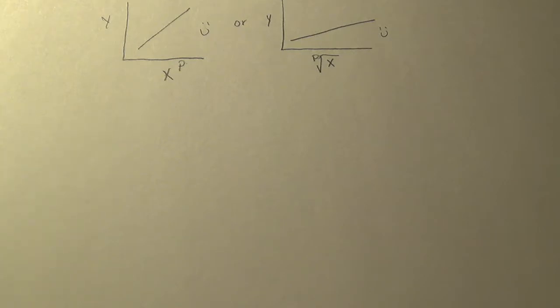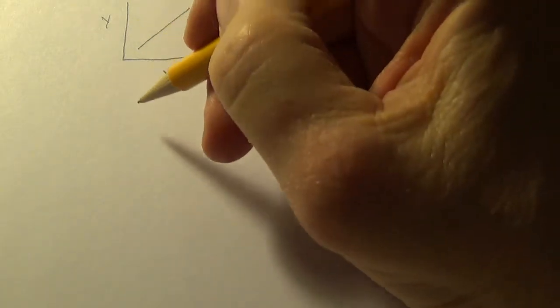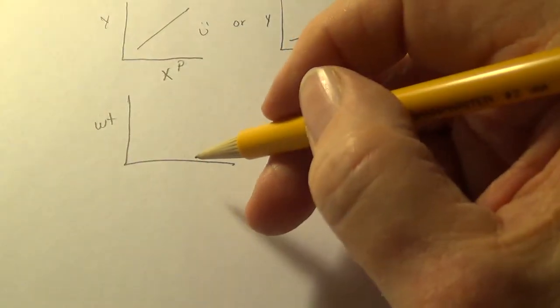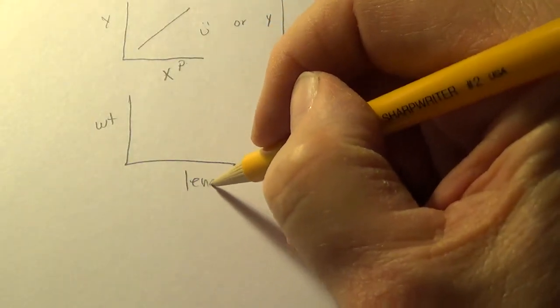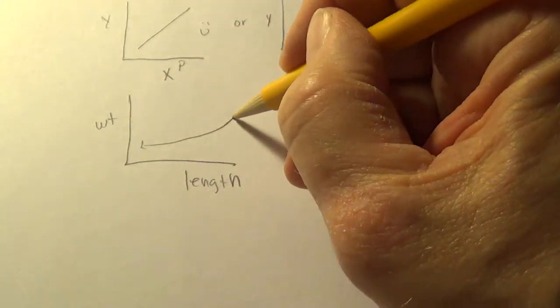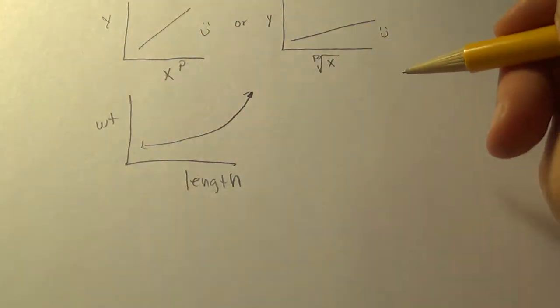So they were going to take the length of the fish and try to figure out from that a relationship to the weight. When they investigated that and they put weight over here, hoping to come up with a linear relationship, they found out that it was curved. So very sad, very sad.